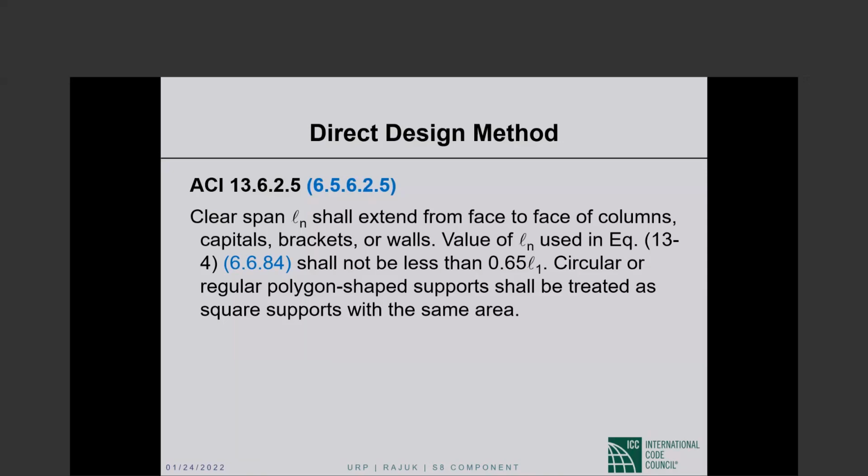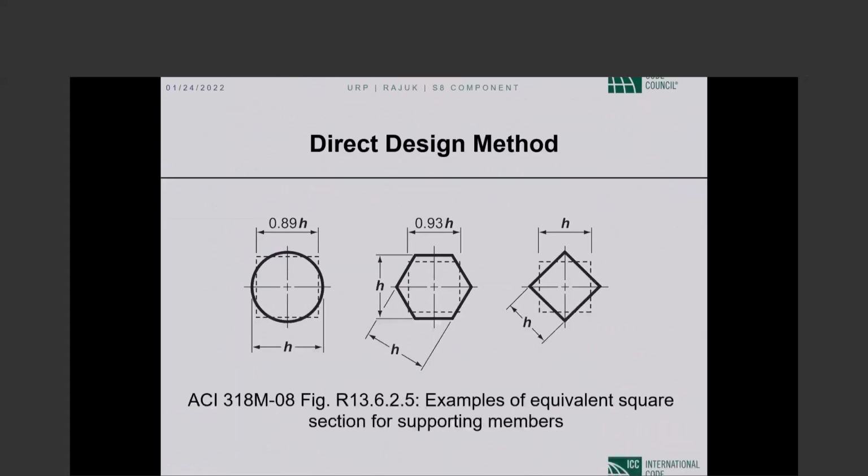So clear span cannot be taken as less than 65% of the center to center span.